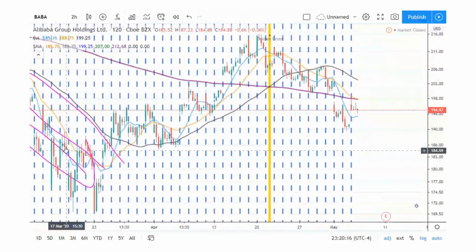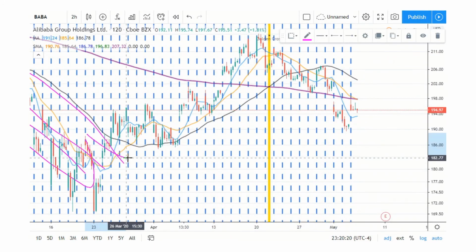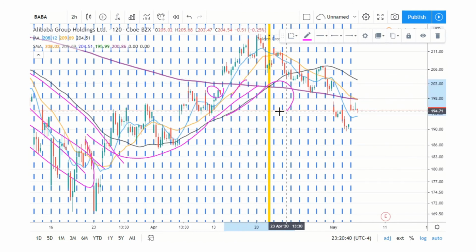Again, moving back up. The space between the 50 and the 200 moving average is getting narrow. So it's pretty safe to say I'm going to take a trade in here. And then you see they cross over here, bringing the stock with it, and then it begins to go back down again.